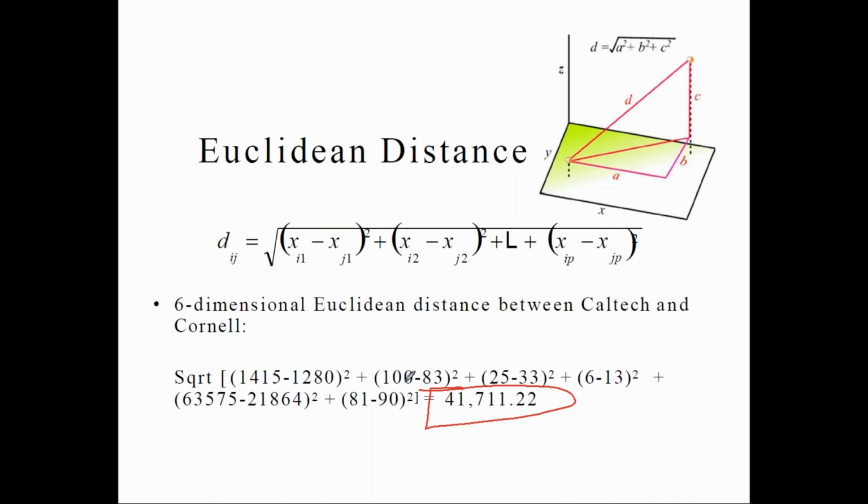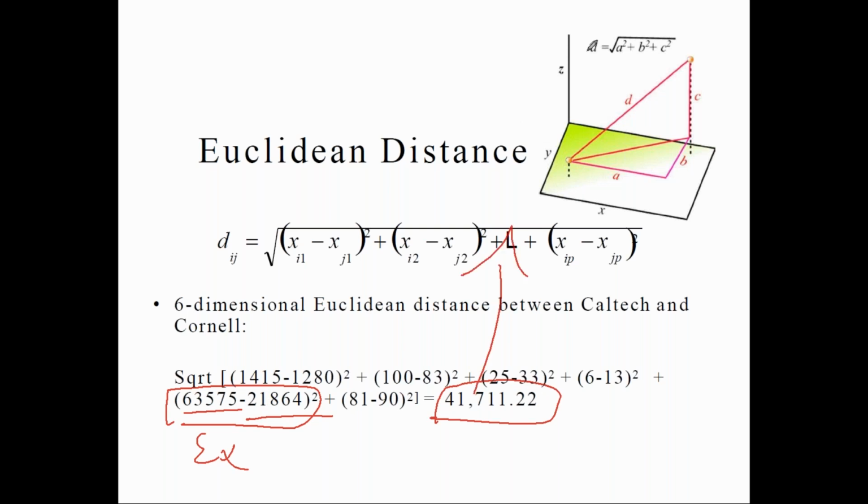The expense is more. Because of this expense column, see 63,575 minus 21,000, because of this one column only, your distance is being increased to a greater extent.